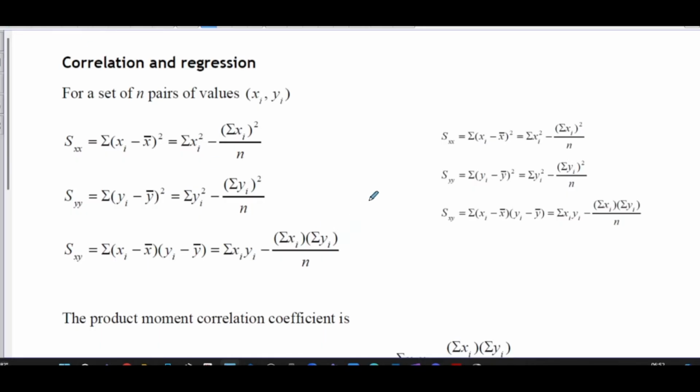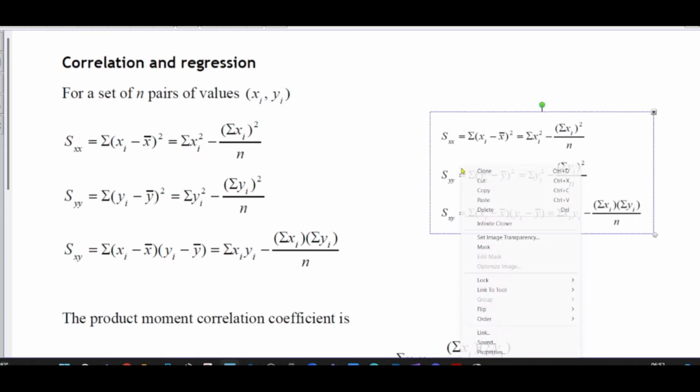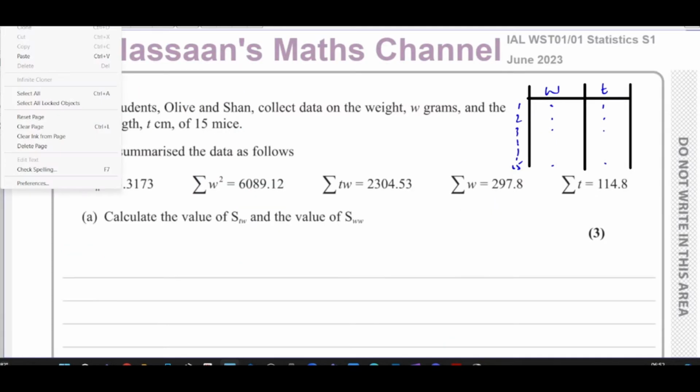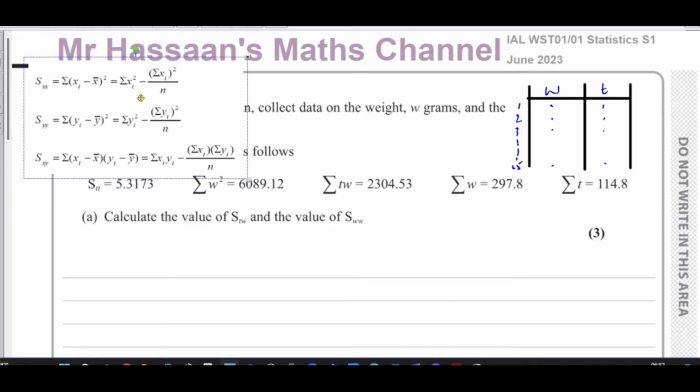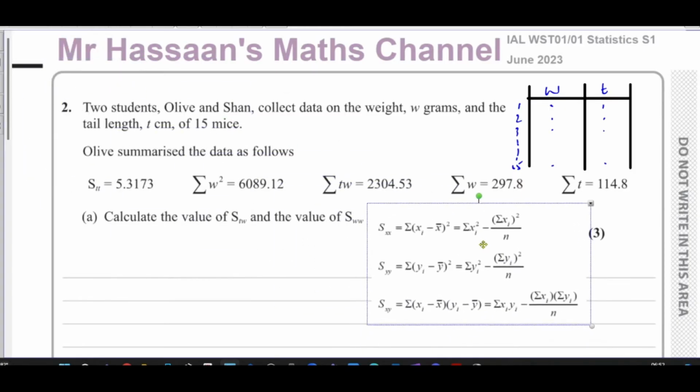What we're really interested in for the first part of the question are SXX, SYY, SXY. So we're going to take these. I've got a little copy of them there, and I'm going to place this over here. We're going to be using these formulae to find out what we need to find out. So let's look at STW.